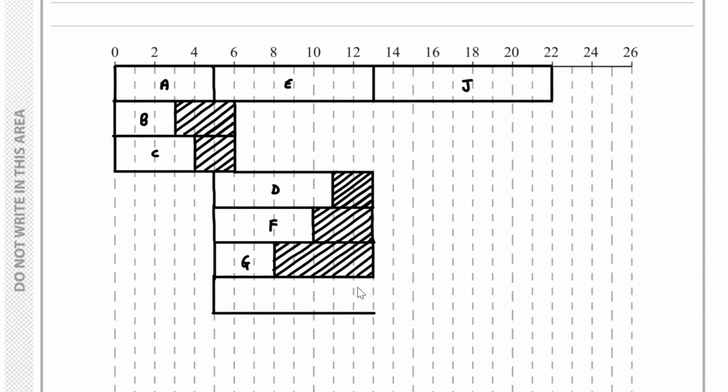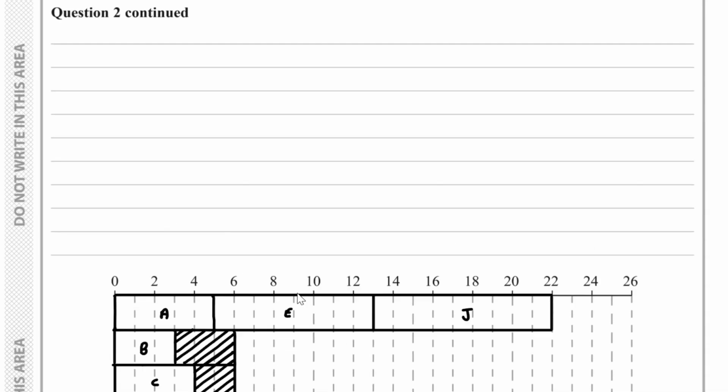Okay, so here we've got H, and then here we've got the extra float. So that's H.